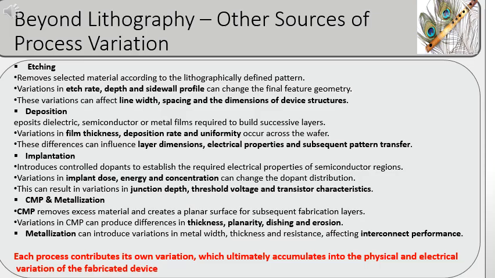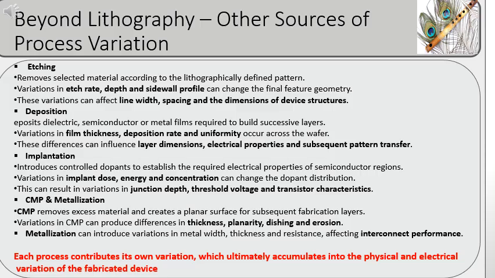Although lithography is critical because it defines the geometry of many semiconductor features, it is not the only source of process variation. Etching can introduce variations in feature width, profile, and depth. Deposition processes can produce differences in film thickness and uniformity, while implantation can cause variations in dopant concentration and junction depth.